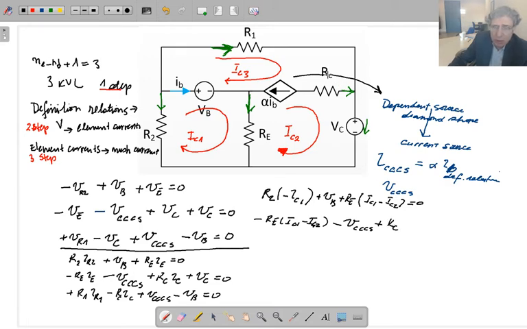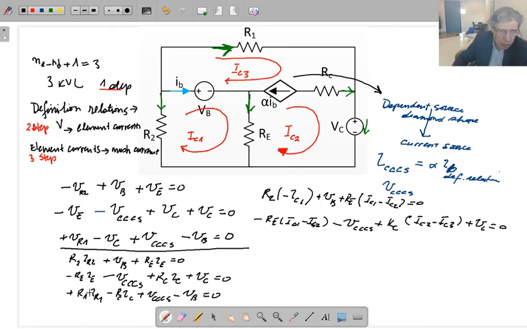So RC is this resistor. There are two mesh currents passing through this element. So IC3 direction is opposite to this one, so it's going to be minus, and this is the same direction. So IC2 minus IC3. IC2 minus IC3 times RC plus VC equal to 0.